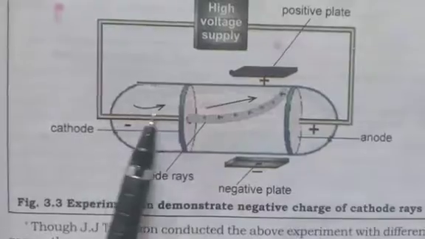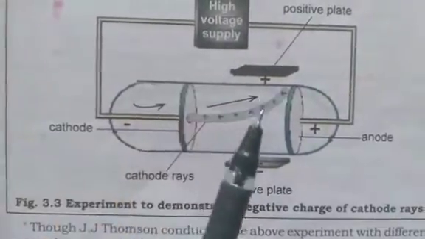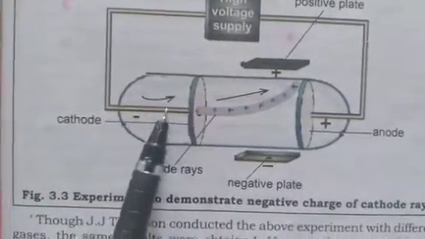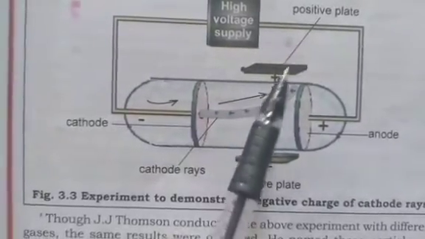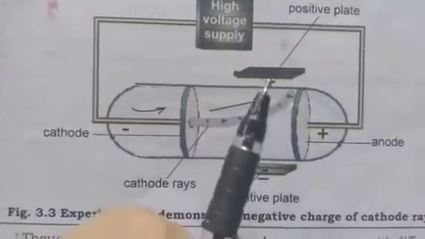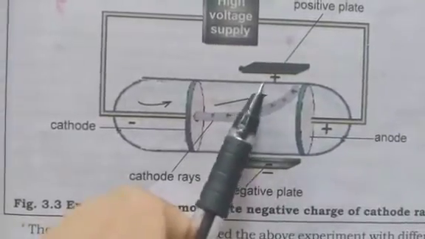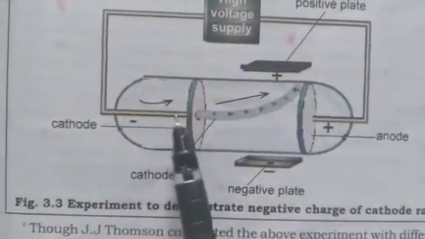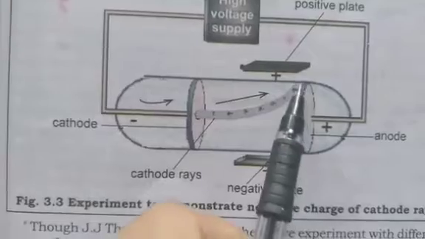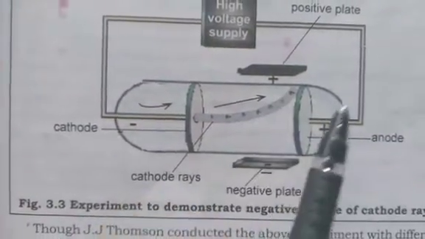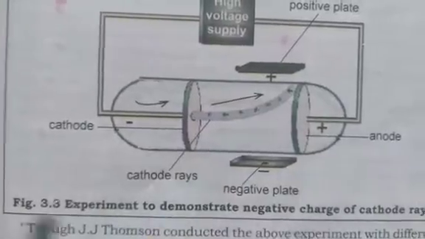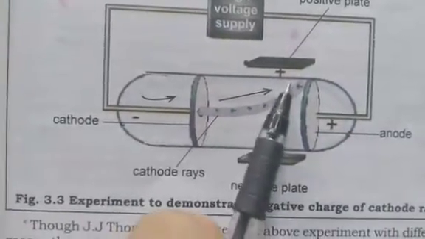When he connected a high voltage supply, the cathode rays coming from here are deflected towards this region, that is the anode. Positive means anode, right? So the rays which come from here are deflected towards this positive plate. So he concluded that these cathode rays are negatively charged.